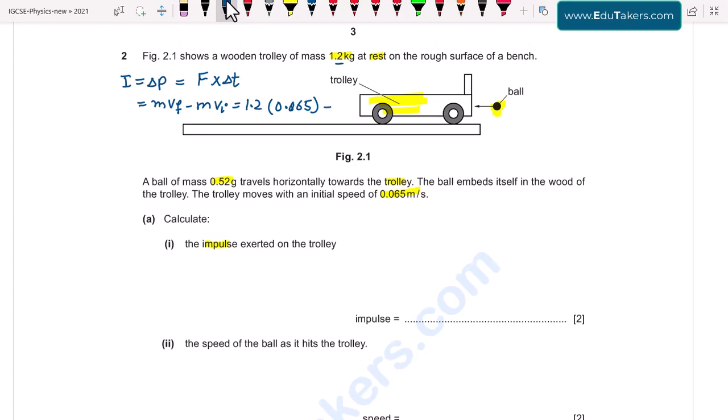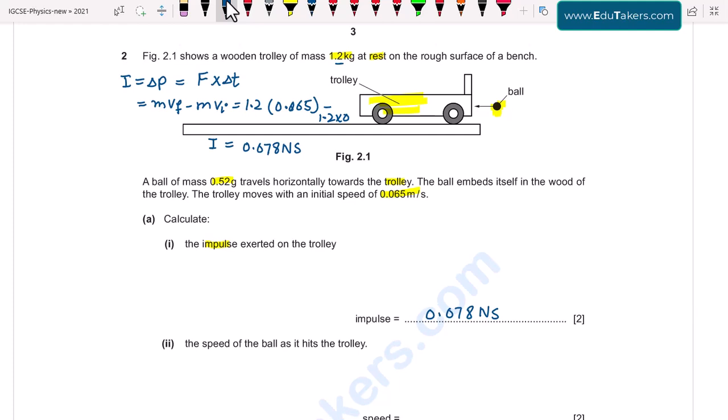And we also have to find the initial momentum by multiplying mass with initial velocity. Initial velocity is 0 because the wooden trolley is at rest. So we multiply 1.2 with 0. After solving this, the impulse comes to be 0.078 Newton second. The unit of impulse is Newton second.